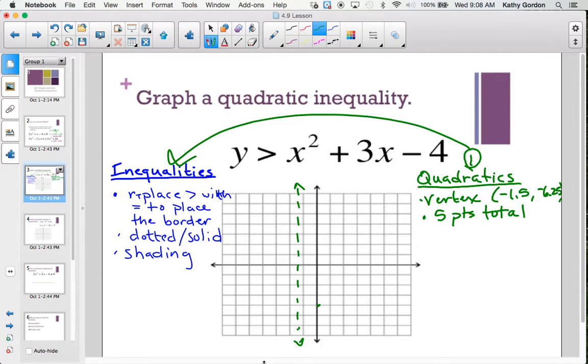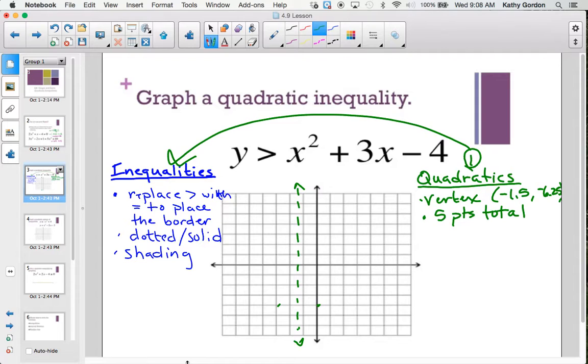What's another point I can put on the graph as a result of that? Reflected over the axis of symmetry. So what would the ordered pair be for the reflected point? Negative 3, negative 4. It's over here. All right, I got 3.